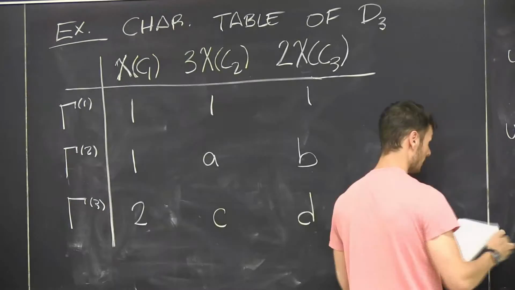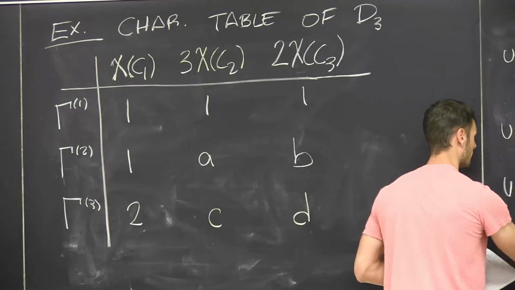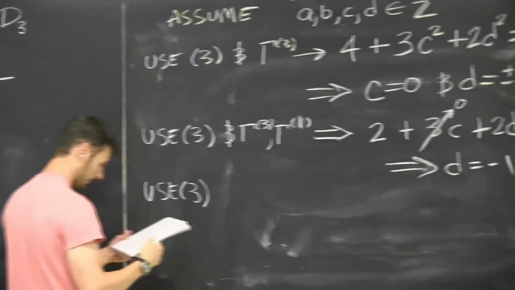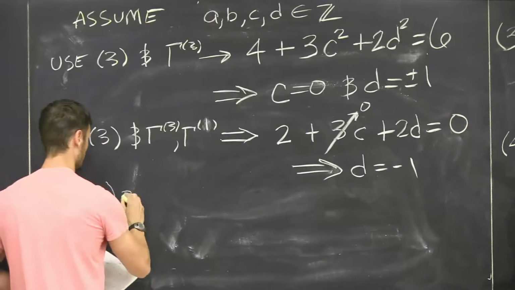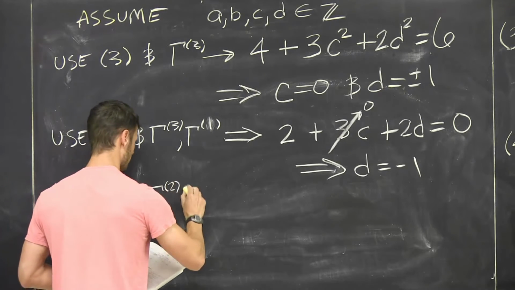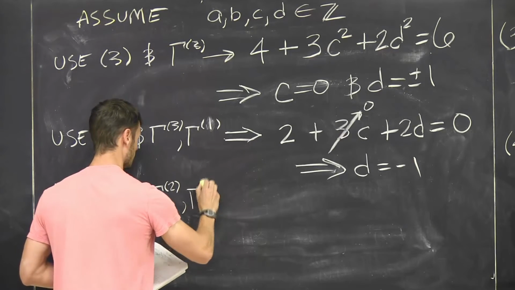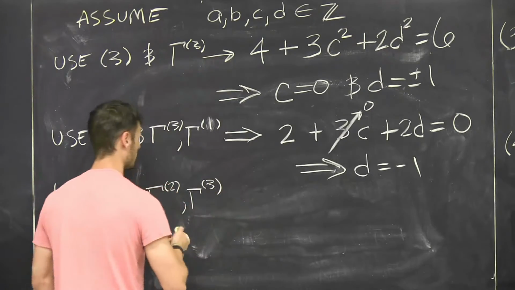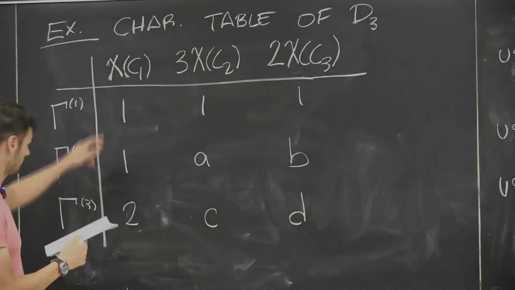All right, so I'll use rule 3 one more time. But this time I'll do it on gamma 2 and gamma 3.